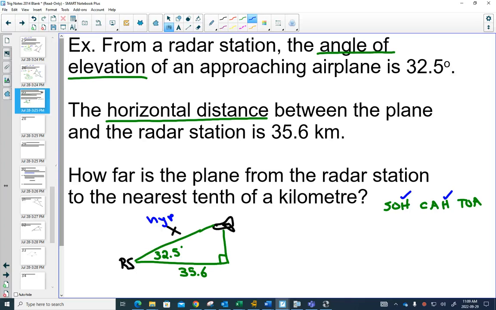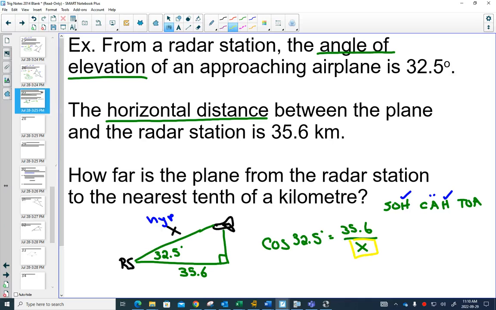And this time, since the 35.6 is the adjacent to the angle, we will choose cosine. So cos of 32.5 degrees. The adjacent side is 35.6, and what we want to solve, we put as the variable x. This is what we want to solve for.